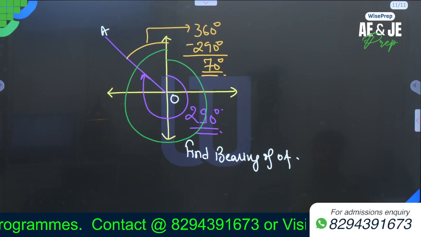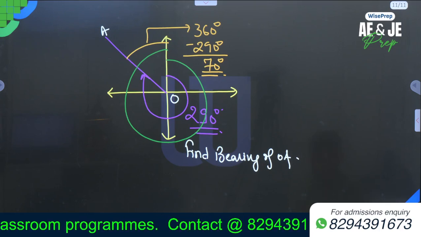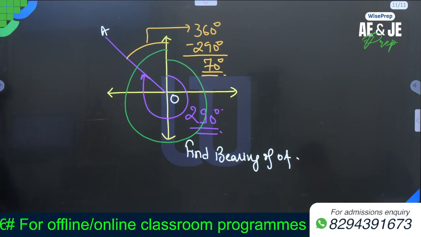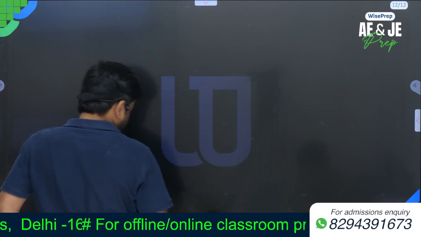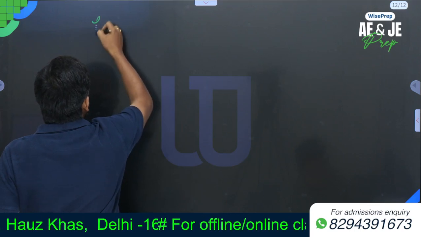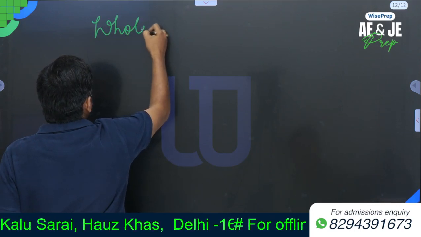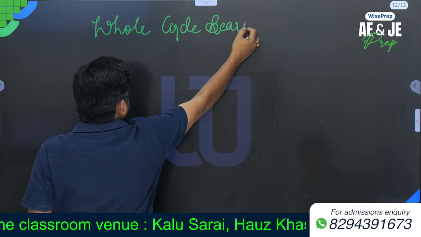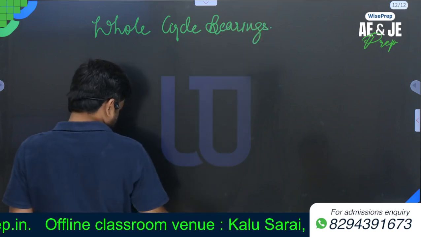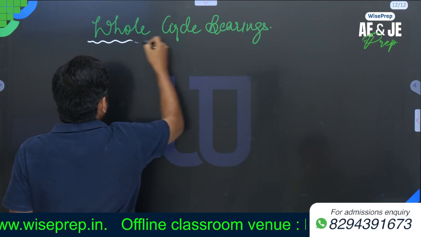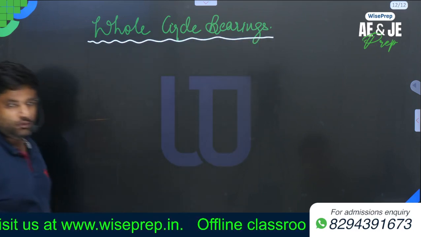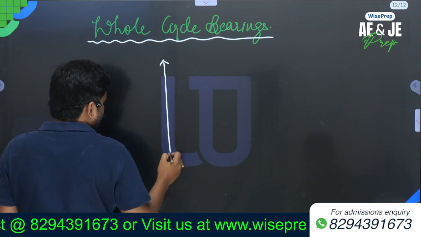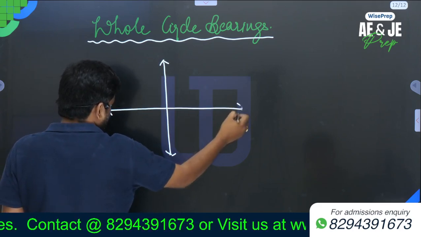Written. So write down whole circle bearing, WCB. Remember one thing, whole circle bearing is always measured from north.